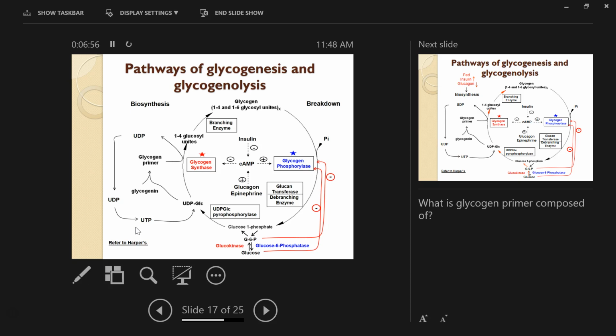Which also makes sense if we consider all things together, like during the fed condition, we have a lot of glucose available, and we generate a lot of glucose 6-phosphate. And once these two substrate levels increase, then we inhibit the glycogen breakdown pathway, right? That makes sense. So this is one of the regulation mechanisms, right?